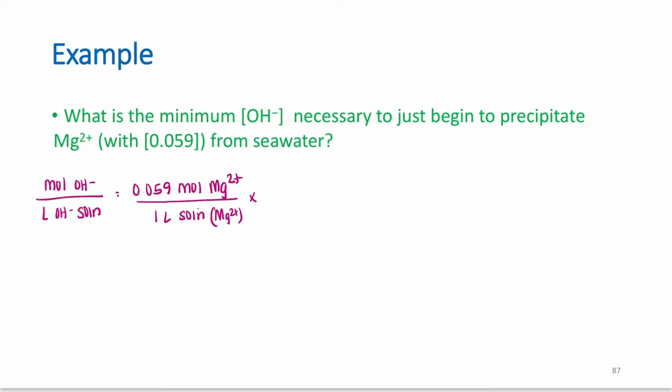I'm going to assume I have 1 liter. Why? Because it doesn't tell me amount. It only wants concentration, so I'm just going to assume 1 liter to make my life easy.